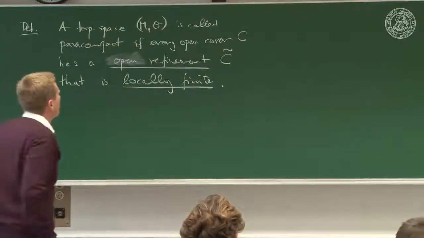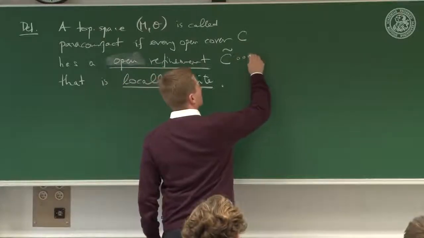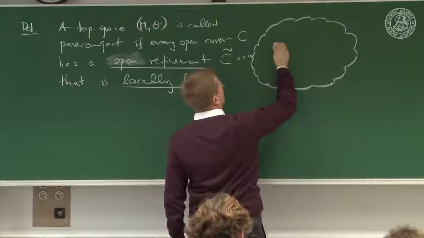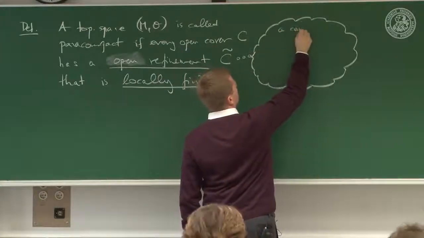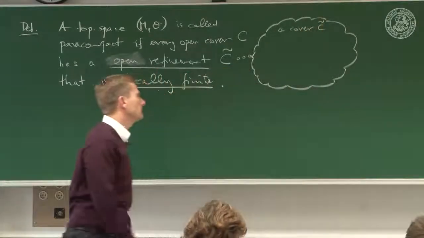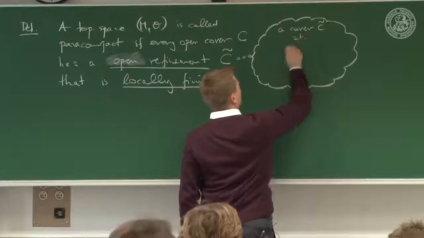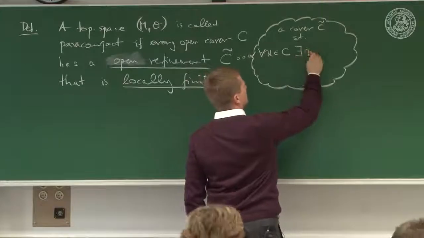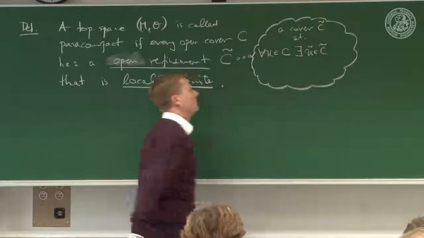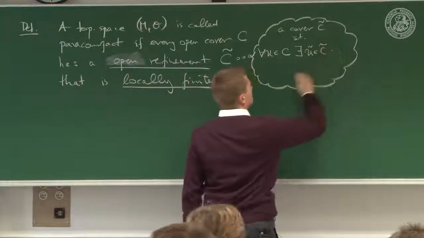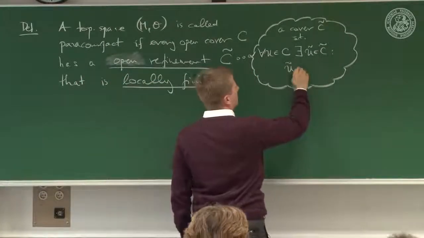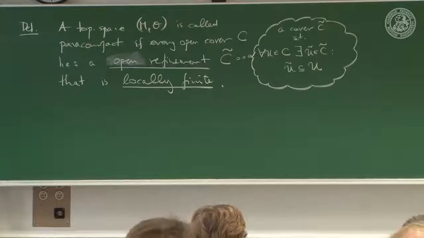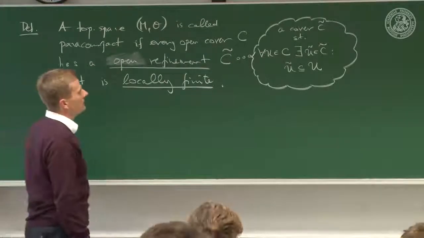What does that mean? Well, an open refinement C twiddle of a cover C is again a cover, but now such that for every U in the original cover, there exists a U twiddle in the refinement such that U twiddle lies in U. That's an open refinement.